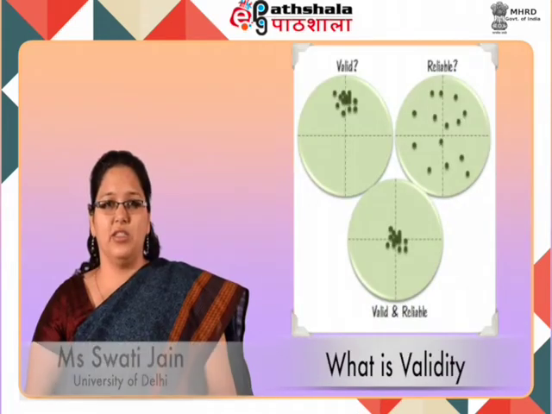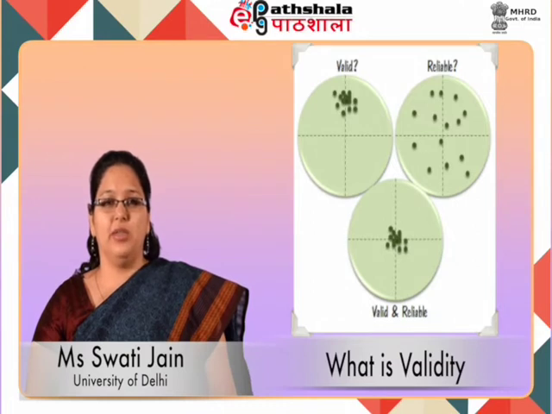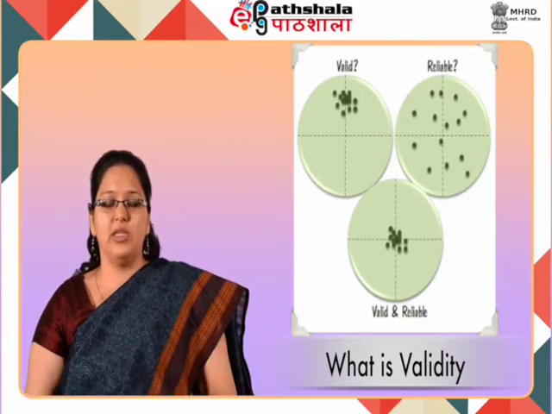What is validity? Once the reliability, that is stability and consistency of the test scores, has been established, the test needs to be subjected to the validation process. A psychometric measuring tool is considered sound only if both the reliability and the validity indices are satisfactorily obtained.